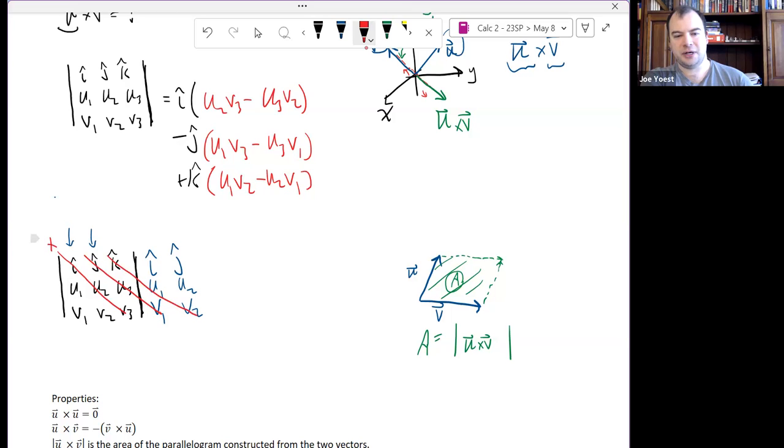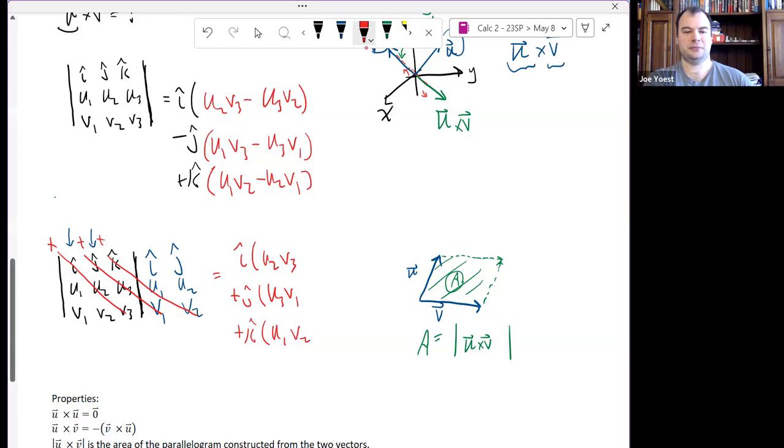Going from top left to bottom right, I'm going to take those with a plus. So I have i hat times u2 v3, plus j hat times u3 v1, plus k hat times u1 v2.